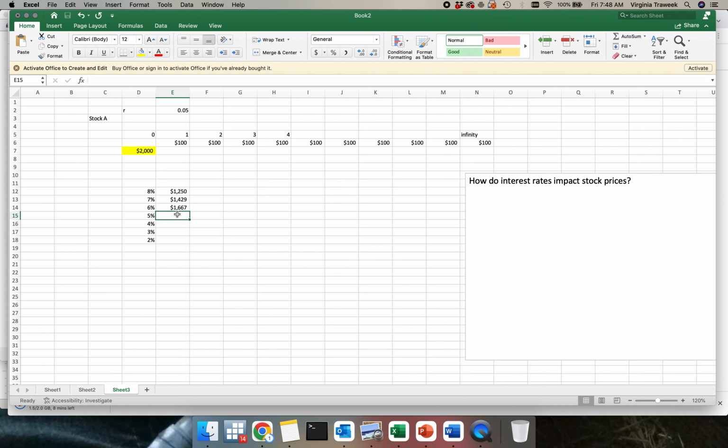There's a way you can do this in Excel using the scenario analysis. I don't really want to do that because I would have to do a lot of work, but it's there if you ever want to use it. 2,000, 0.03 is 3,333, and then 0.02 is going to be 5,000.